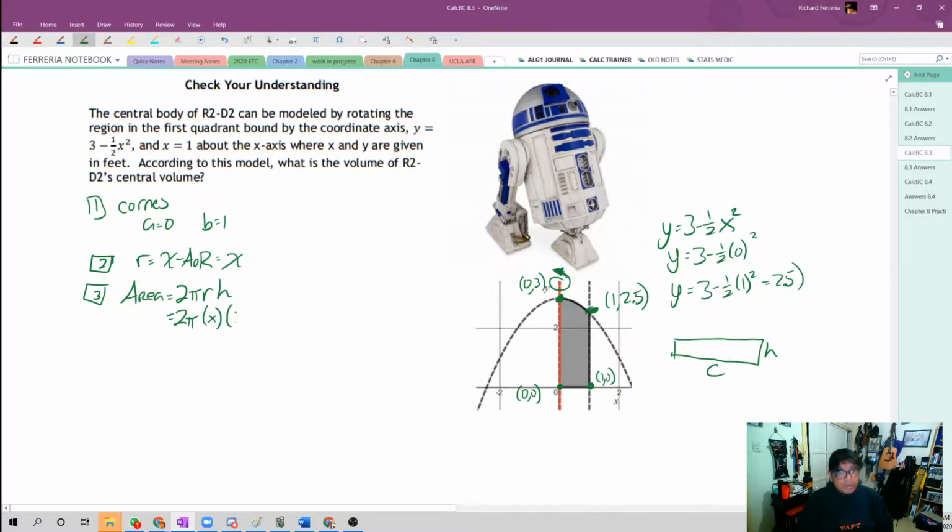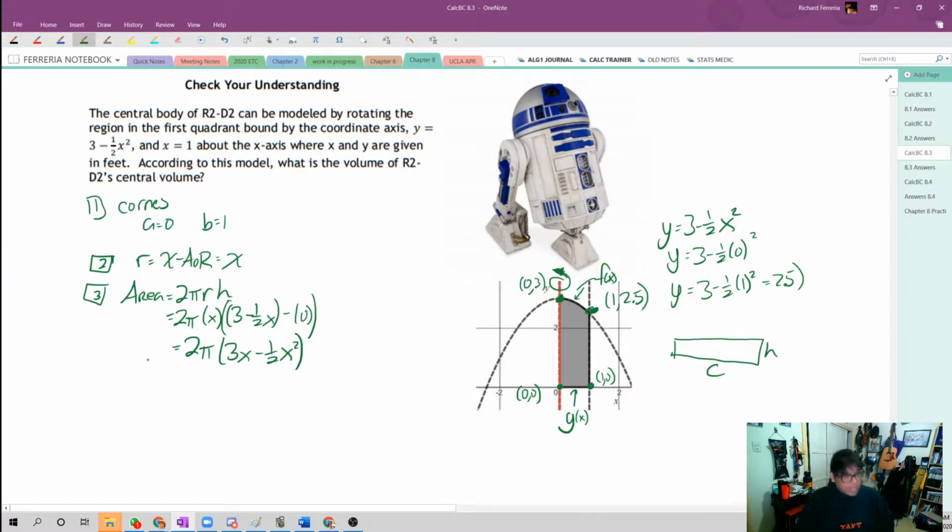The top curve is 3 minus 1/2 x squared. And the bottom curve is 0. Okay, so this is f up here, and this is g down here. Top curve minus bottom curve. Okay, let's simplify this. This is 2 pi. We're going to distribute that x, so that's 3x minus 1/2 x squared.